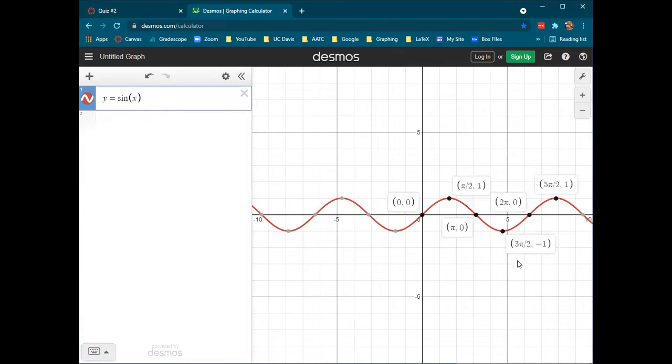Desmos is programmed to show you the things that you're most likely to be thinking about. So those are all the points we really care about. If I'm only doing one period, I want these 5 points. These 4 equal quarters of the graph.